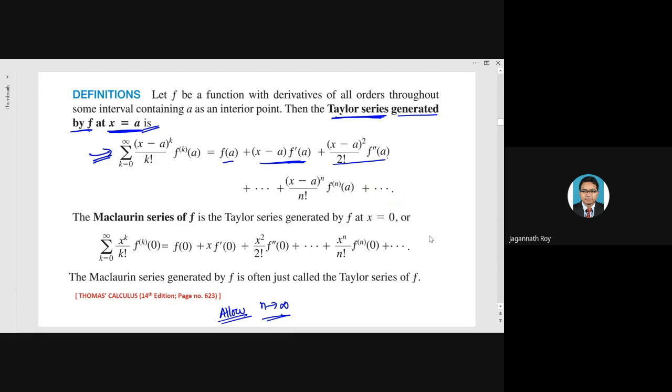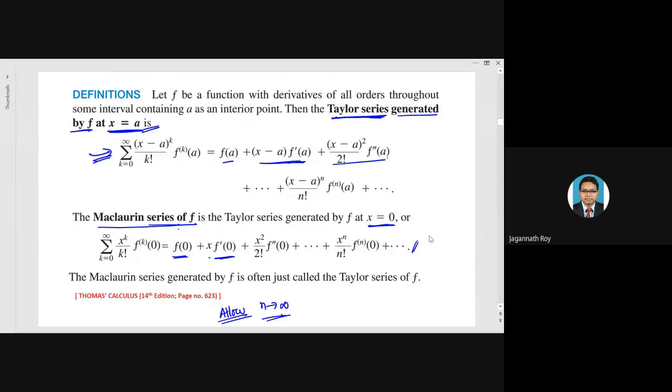Now, if we put a equals 0, that means the Taylor series evaluated around the point x equals 0, that is known as the Maclaurin series. So this is the Maclaurin series: f(0) plus x times f'(0) and so on.